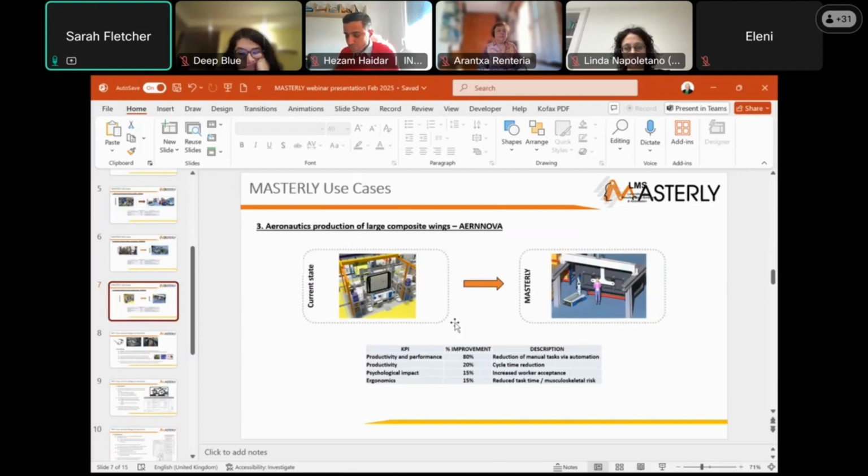And again, there you can see some human-centered KPIs, and the description of the improvements that we're trying to achieve there, very similar to the other ones.